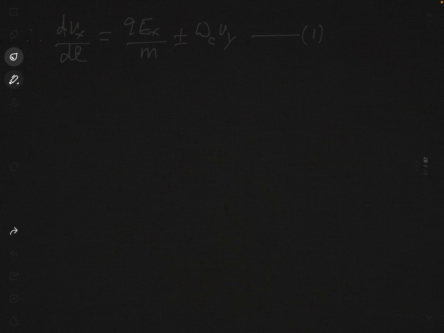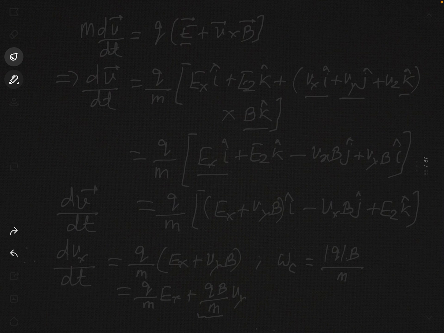Now similarly, we can equate the y component of the vectors in LHS and RHS. The y component in RHS is simply q over m into B into Vx with negative sign.